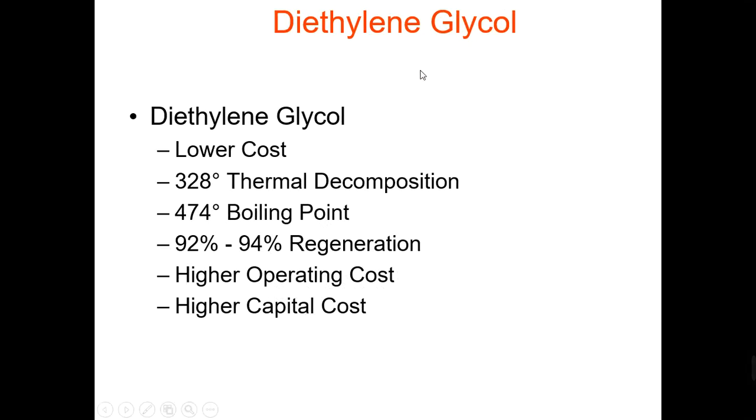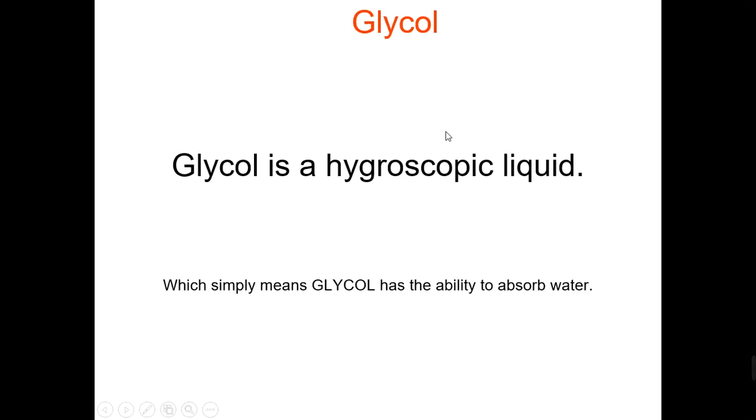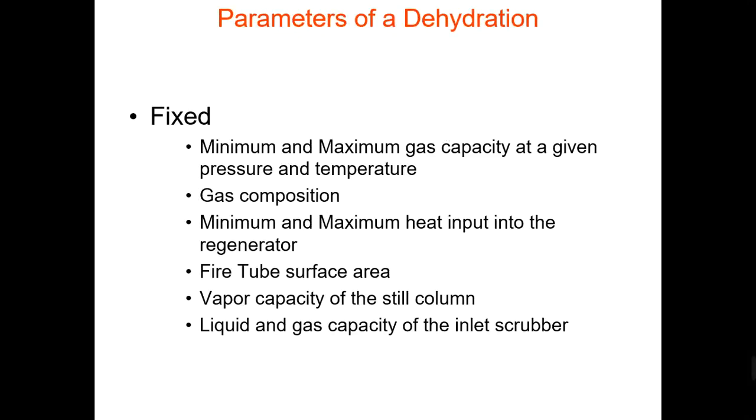This is the issue with diethylene glycol. Triethylene glycol has a higher cost, but the regeneration is 99.5%, and the operating cost is low. It means it is easy to separate the water from the glycol. So triethylene glycol and diethylene glycol are the ones used.